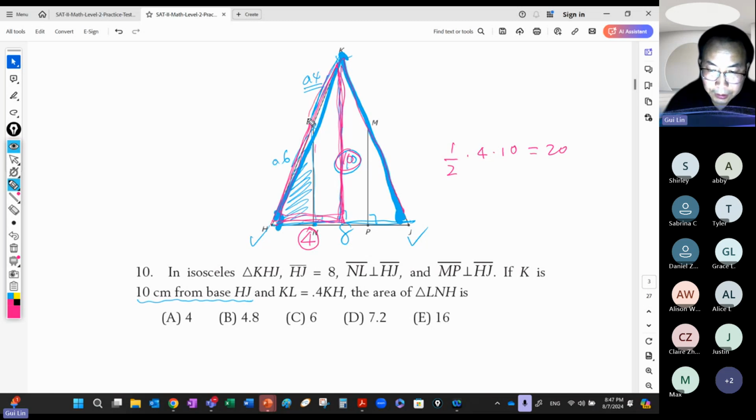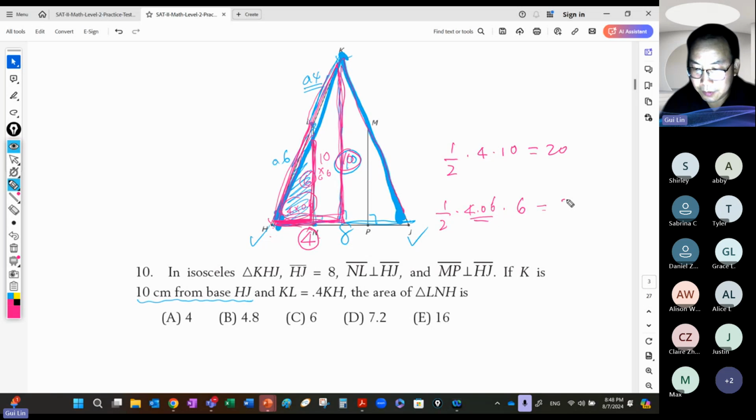So the ratio here is 0.4, here is 0.6. So it means you can use the similarity. This part here is 10 times 0.6, so it means 6. And the height is 6.